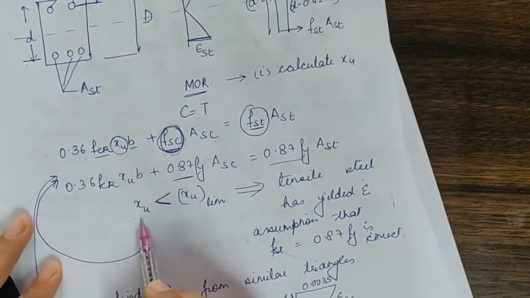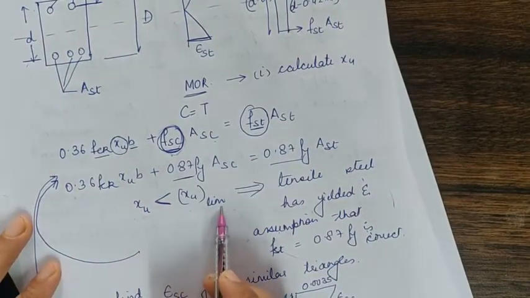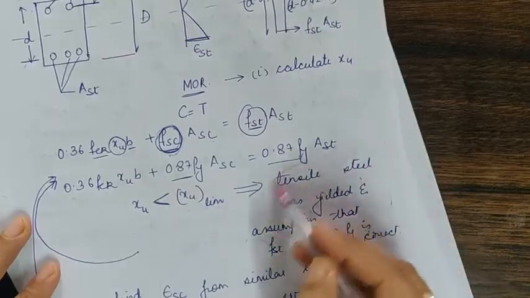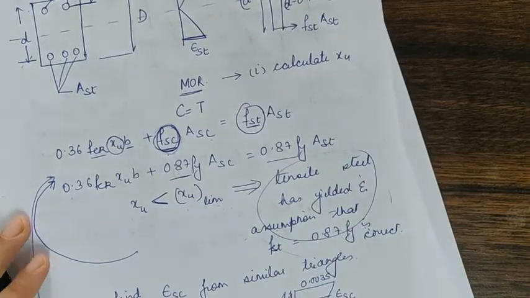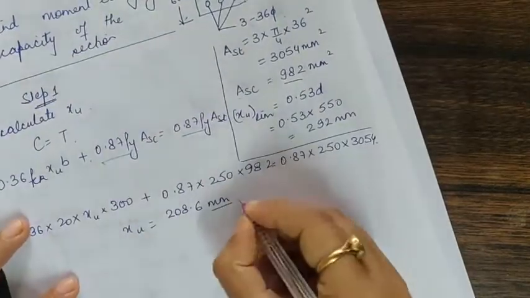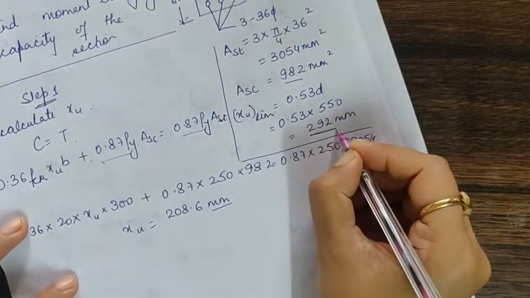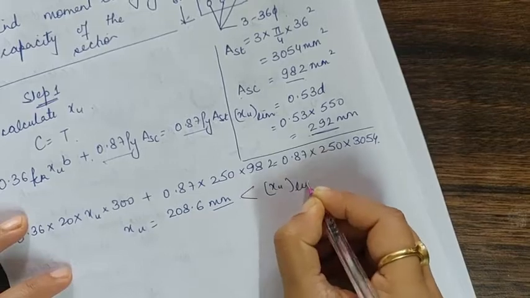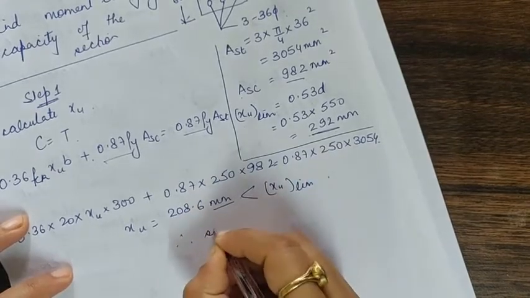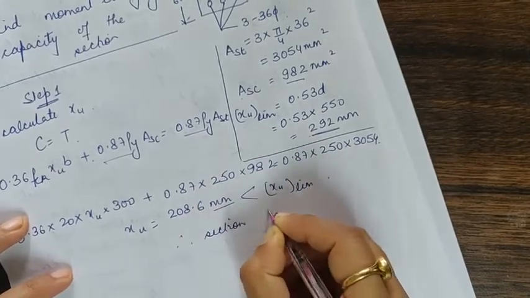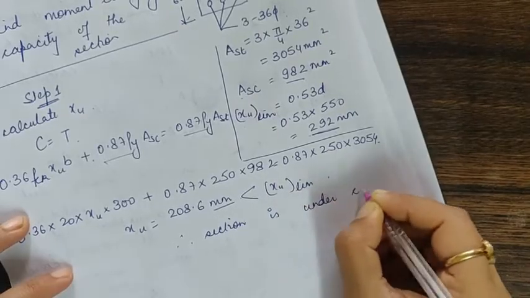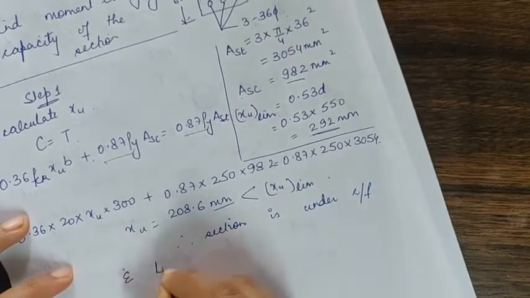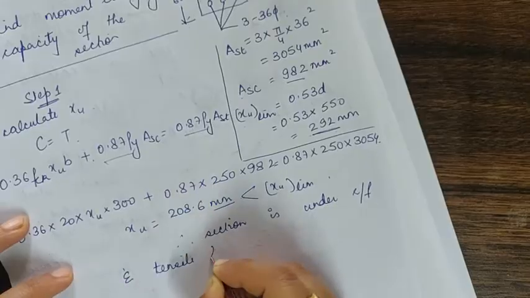So what was the step? I'll compare this XU with XU limiting. If it is less than this, my tensile steel has yielded. XU limiting was 292, so this is less than XU limiting, therefore the section is under reinforced and tensile steel has yielded.